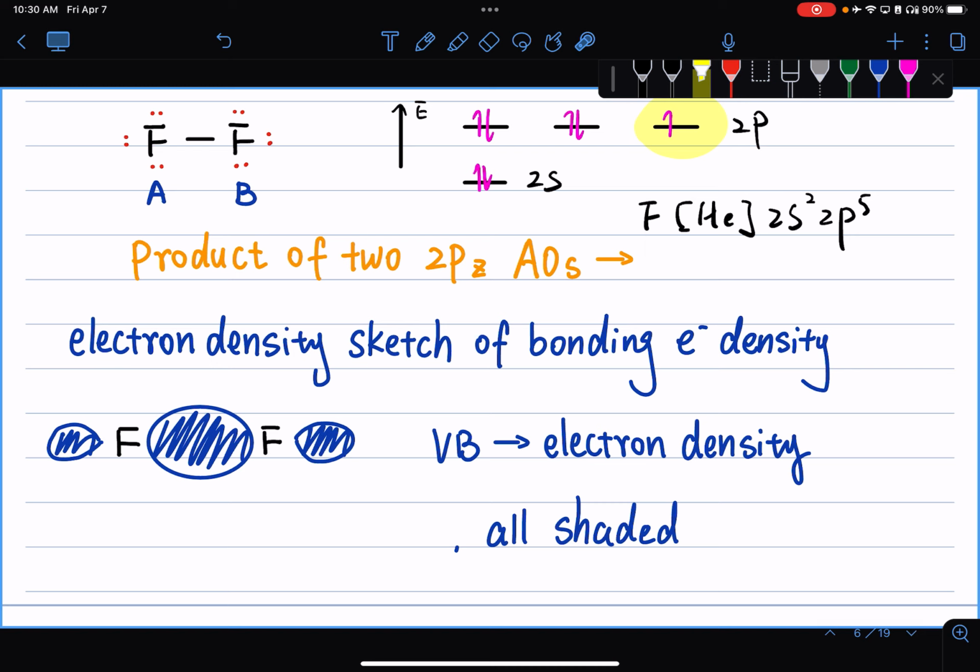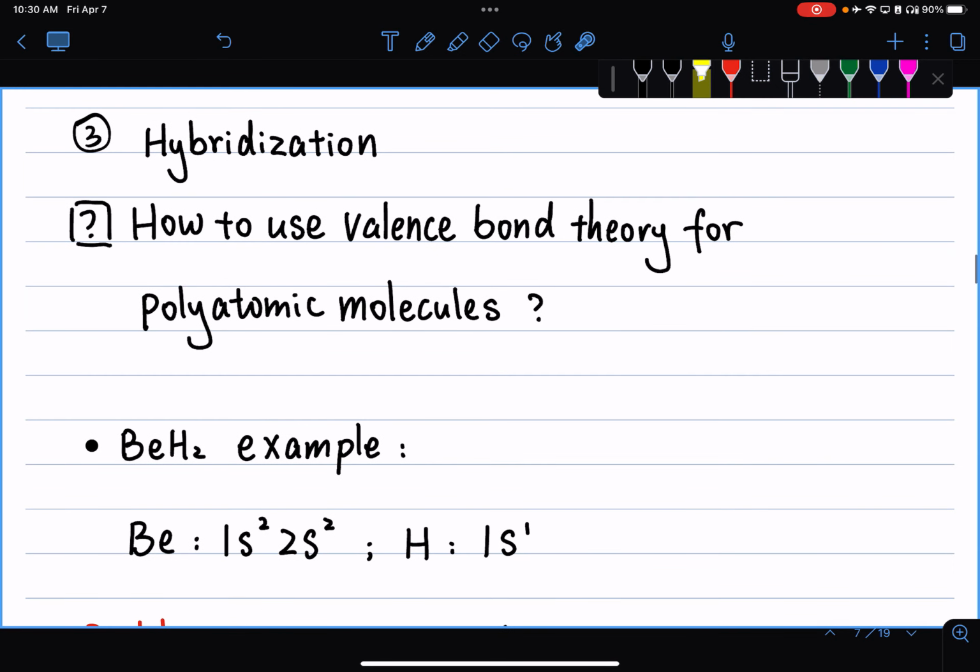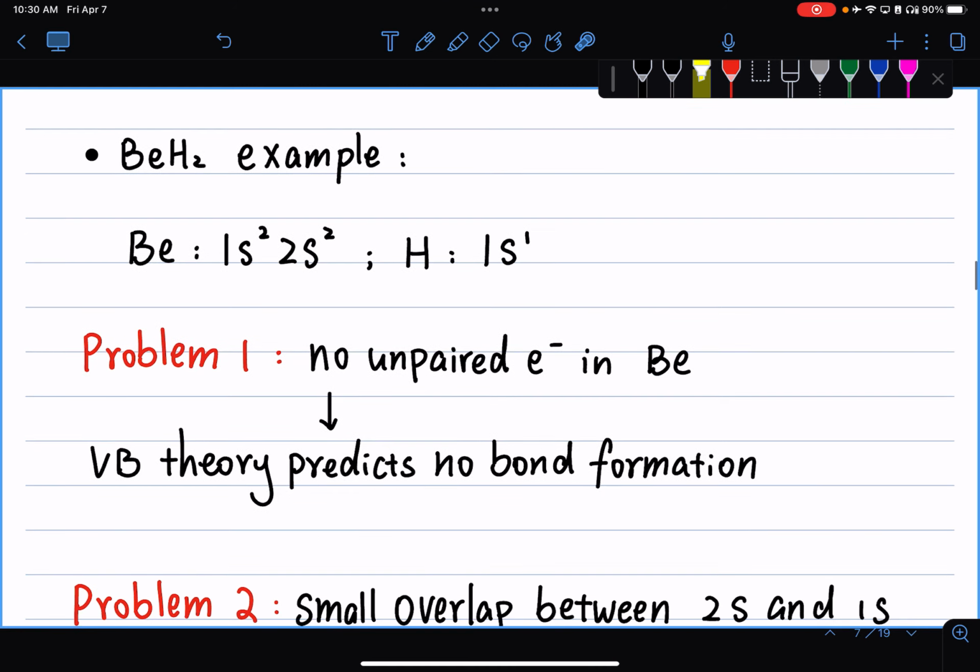But there is an apparent problem when we're dealing with molecules with more than two atoms. So we need to introduce the idea of hybridization. Before we start doing that, let's use beryllium hydride, BeH2, as an example to see some problems that come from valence bond theory without hybridization. The electron configuration of beryllium is 1s2, 2s2, so the 1s2 is core, we don't care about it.